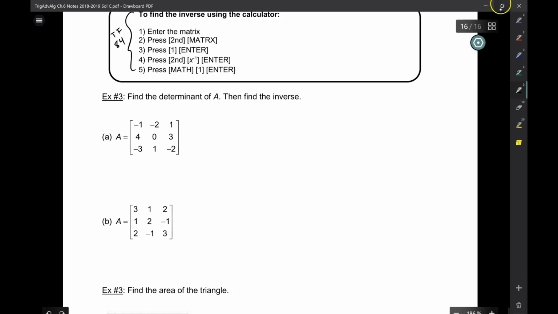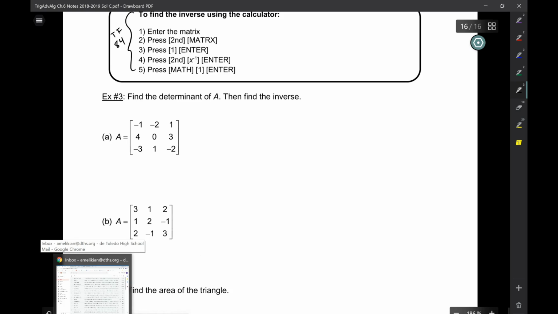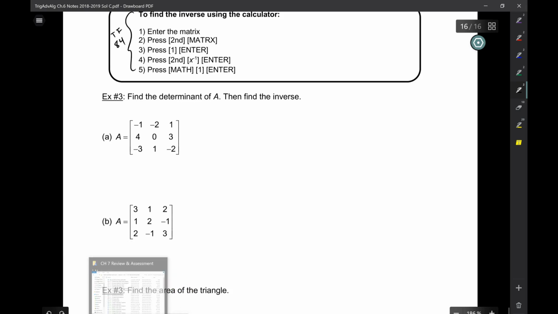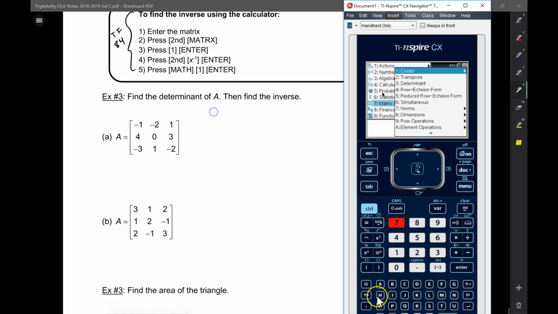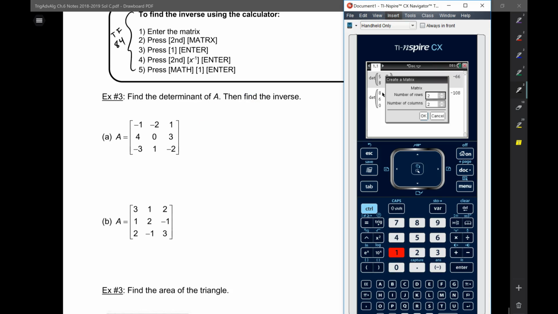Okay, so now here it says find the determinant, then find the inverse. I'm going to show you the inverse first. So for the inverse, the process is the same, but first you put in your matrix. So let's do menu 7, create a matrix, and I want this to be a 3 by 3.